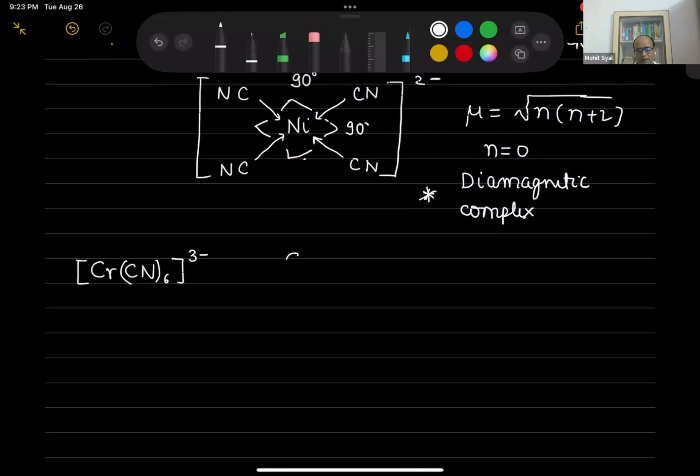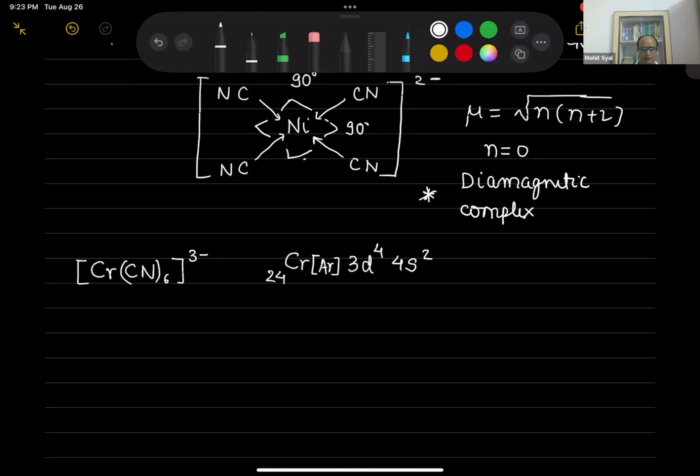First, write chromium. It is the 24th element, so 24 is 2, 8, 11, 2, 4. Am I correct, or have I made a mistake here?